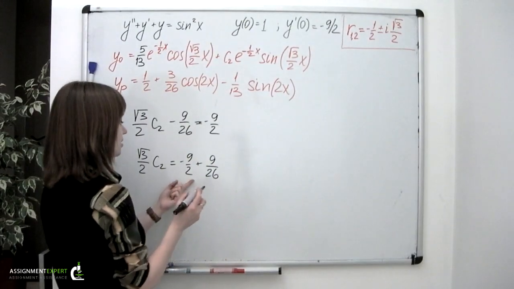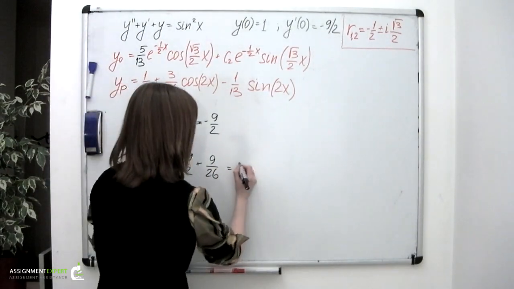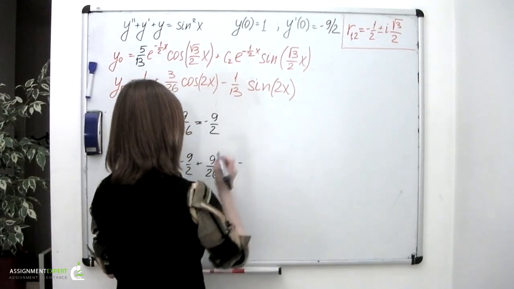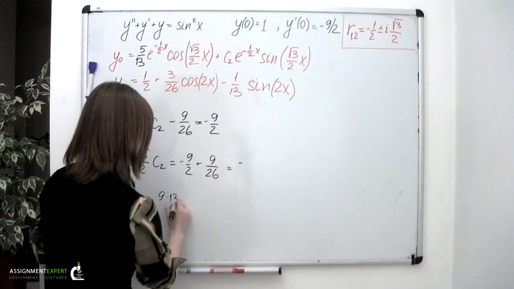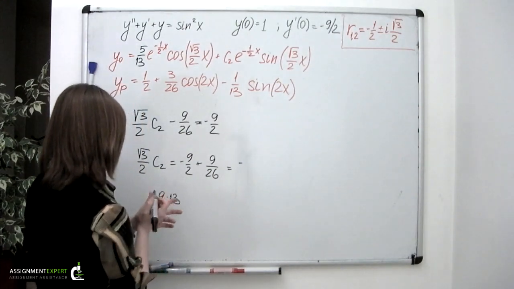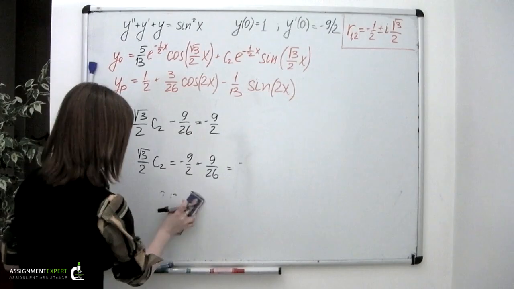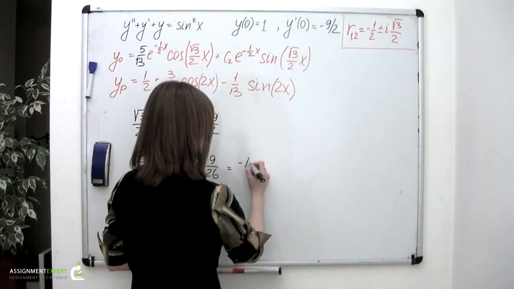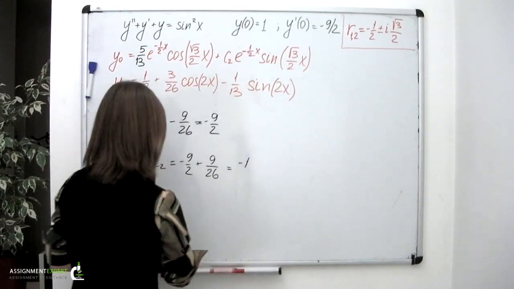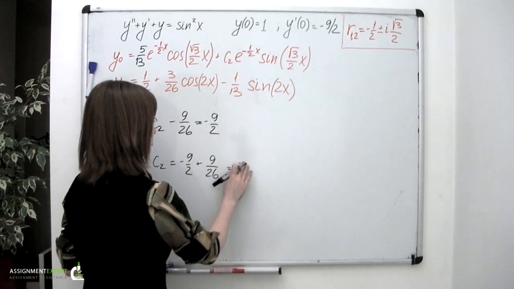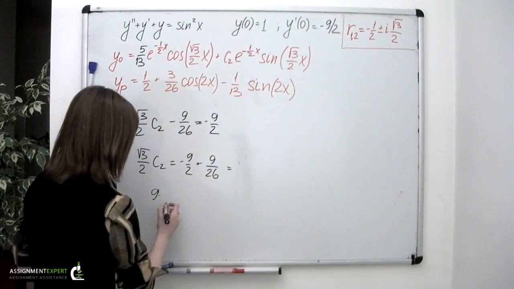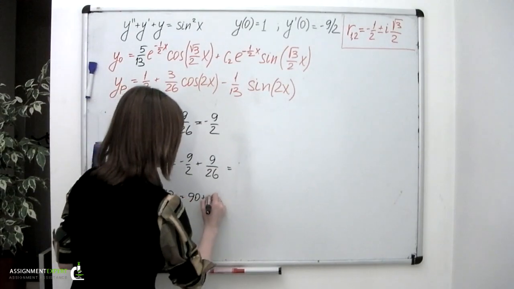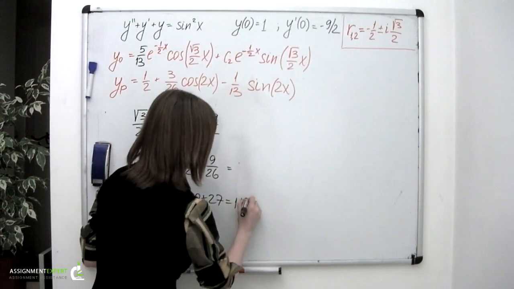This thing goes multiplied by 13, so we have negative 9 times 13 is 108, I believe. No, it's not. Again, let me check myself. 9 times 13, so it's 90 plus 27, so it's 117.